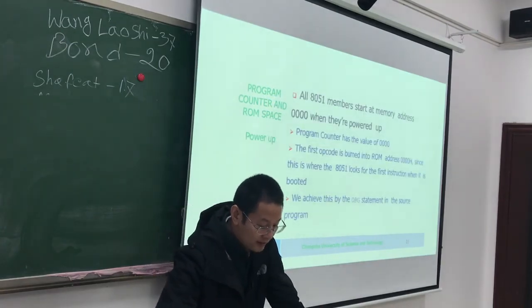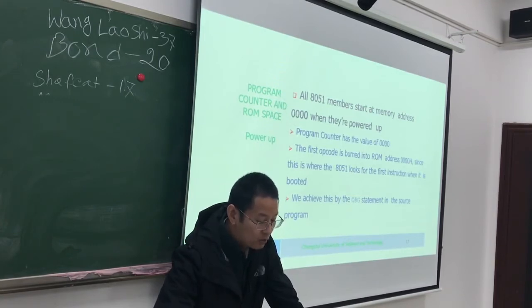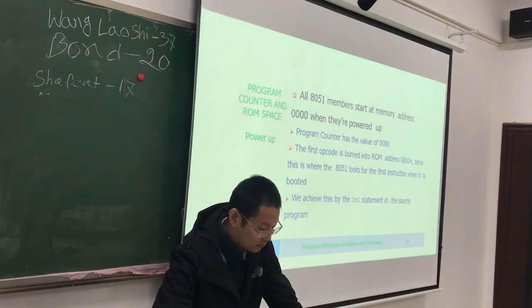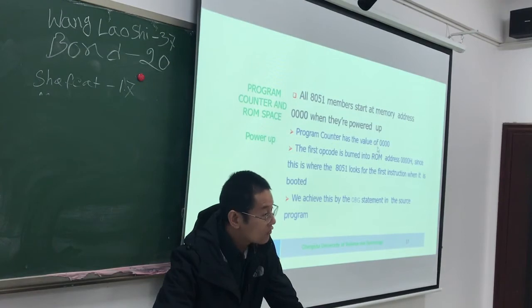All 8051 members start at memory address 0 when they are powered up. The program counter has the value of 0000. The first opcode is burned into ROM address 0000, since this is where the 8051 looks for the first instruction when it is booted.